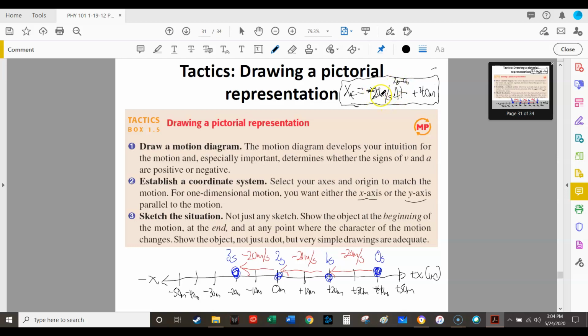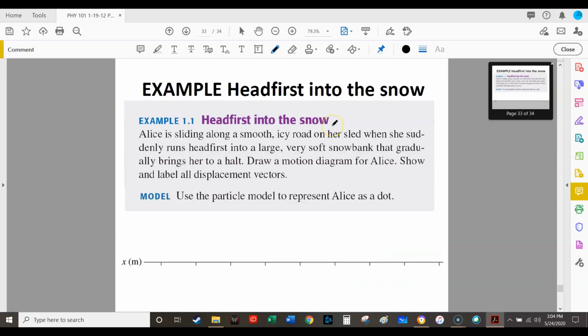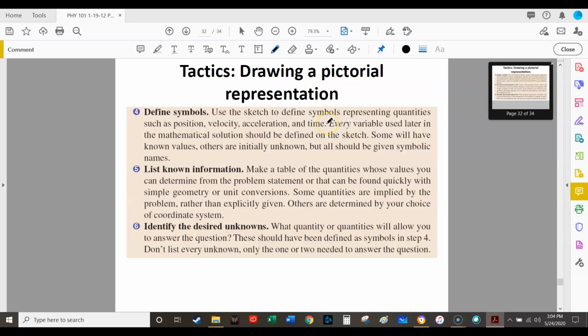So that's going to be -40 meters plus 40 meters, which is going to be 0 meters. So at the 2 second mark, I should be at 0 meters, and it does predict it. Anyways, this is a great way to represent velocity and speed and use that to create your equations too. So I just wanted to give you a bunch of tools that you could use to envision motion, okay?